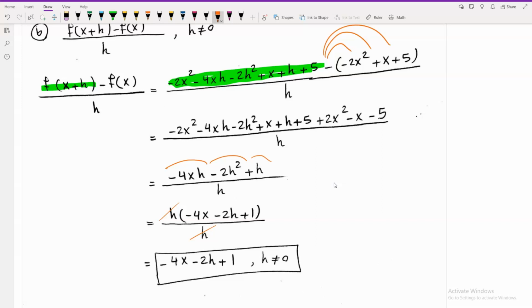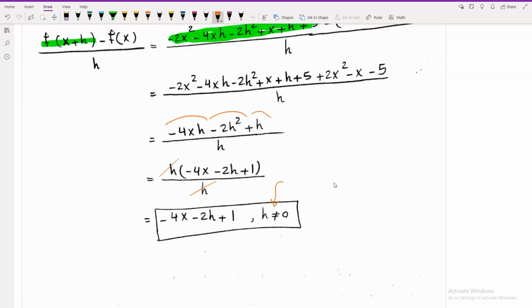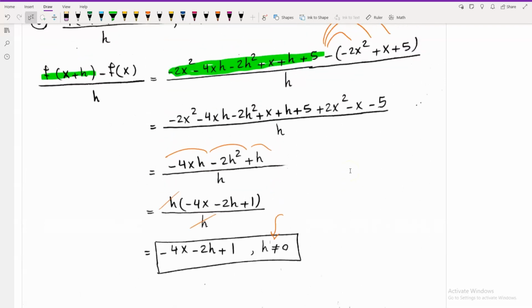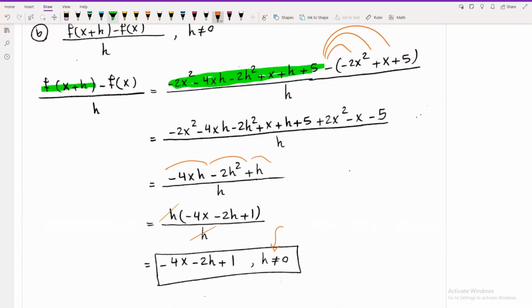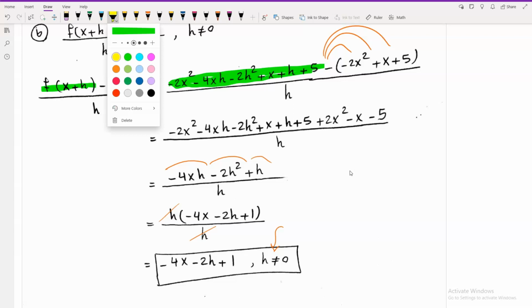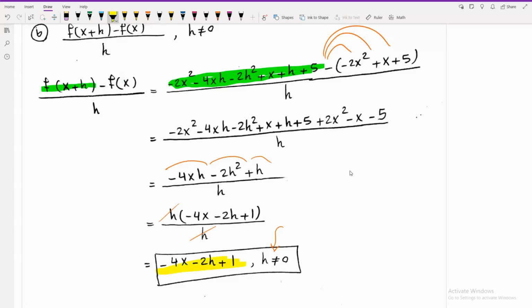H is not equal to 0. Here we don't have a denominator, so if you didn't write that part, that is fine. The final answer is negative 4x minus 2h plus 1. Okay, so this was the final answer for this part.